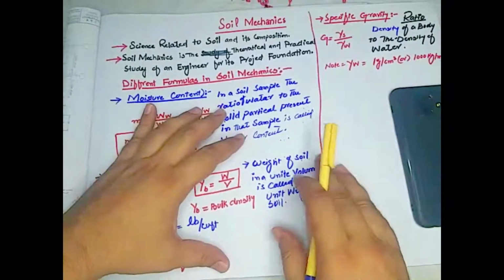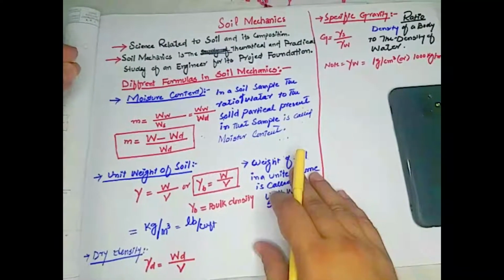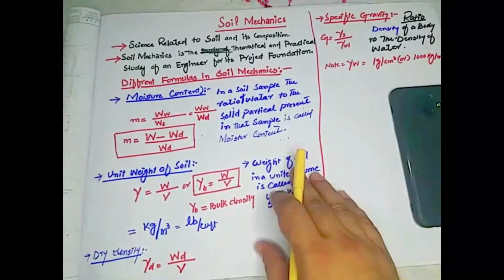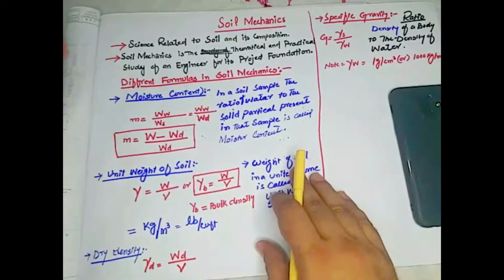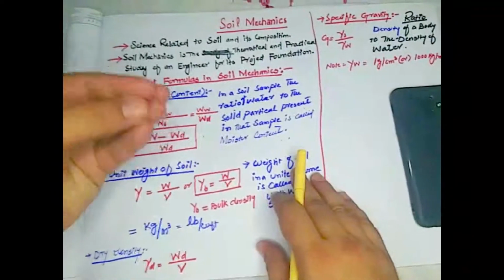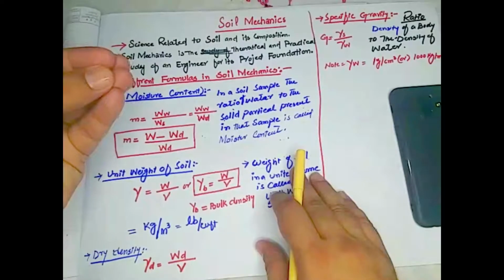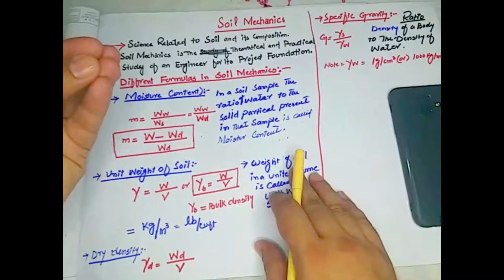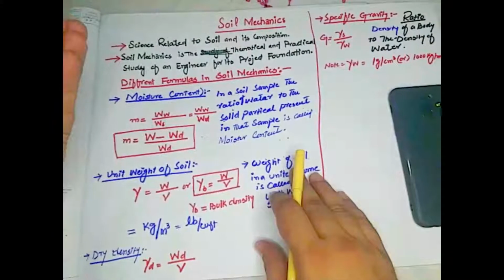So, we start with moisture content. Moisture content is the percentage of water, the percentage of moisture present in a soil sample.